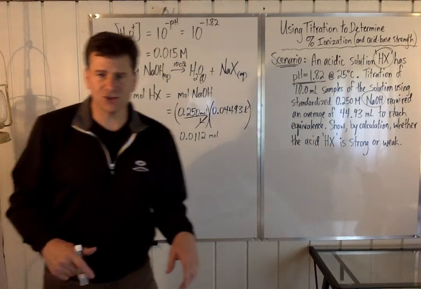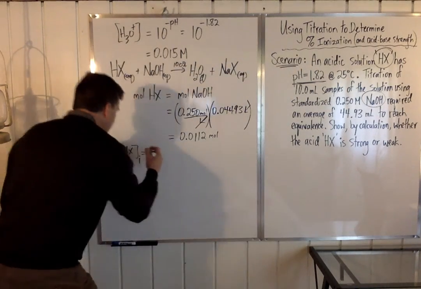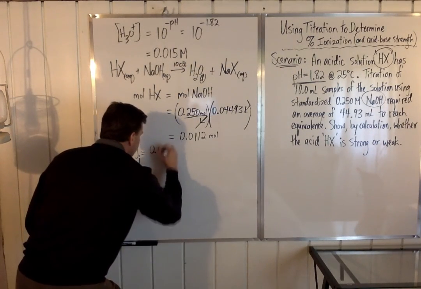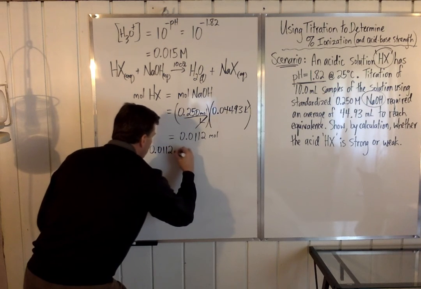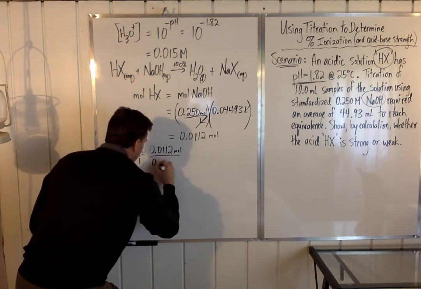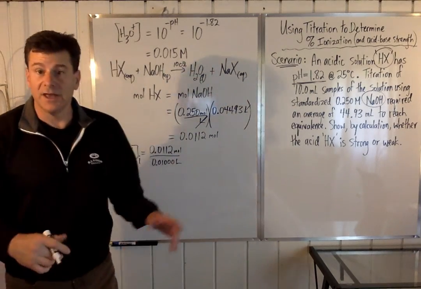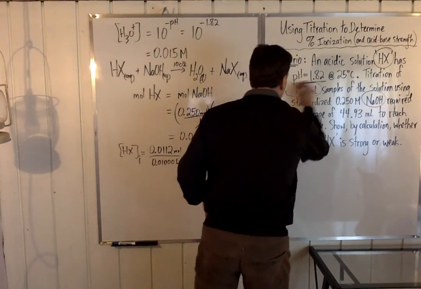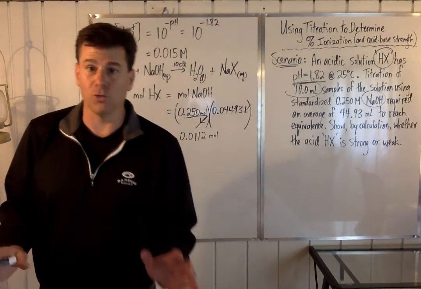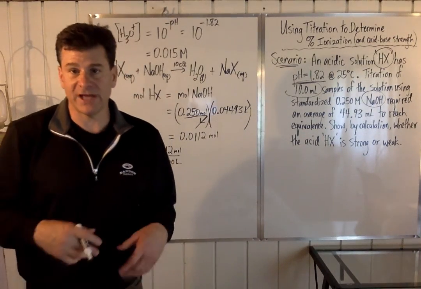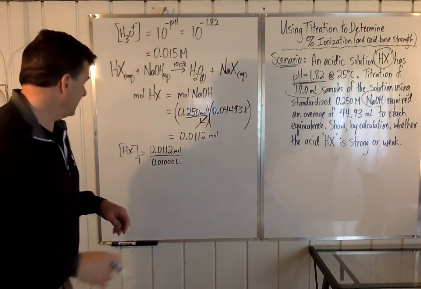So the initial concentration of HX is going to be 0.0112 moles in that many liters. And that was right there, because it told me I was using an average of 10 milliliter samples of the acid.